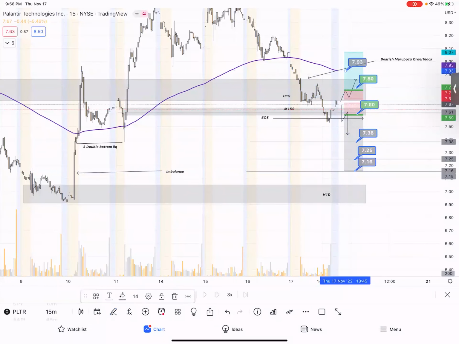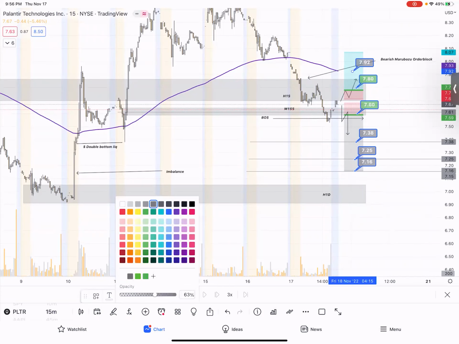So I'll have my alert set at 7.8, 7.6, 7.55. And we're just looking for a bearish reaction for continuation.